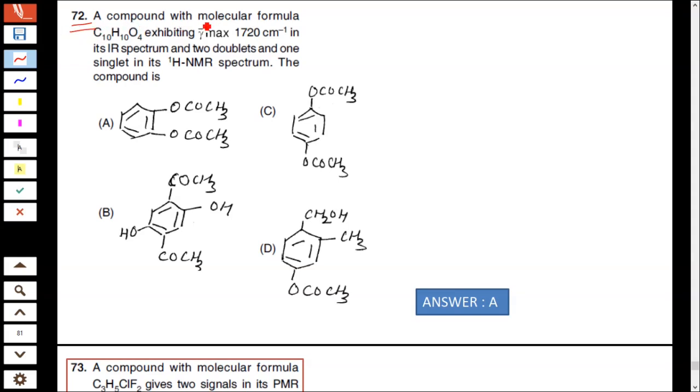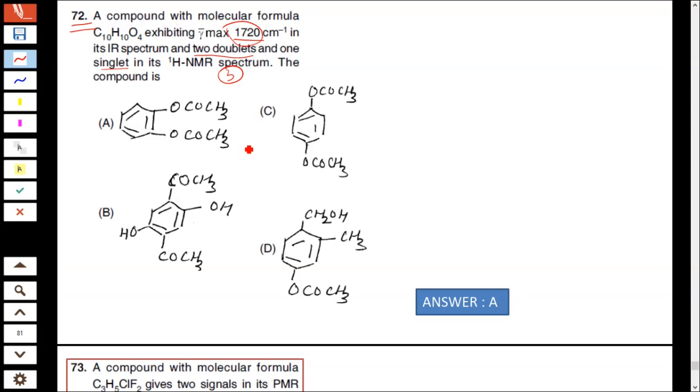Question number 72. A compound with molecular formula C10H10O4 exhibits a carbonyl stretching frequency at 1720 in the IR spectrum, and two doublets and one singlet, so totally 3 signals, were exhibited in the NMR spectrum. You have to identify the compound. The 4 compounds are given.